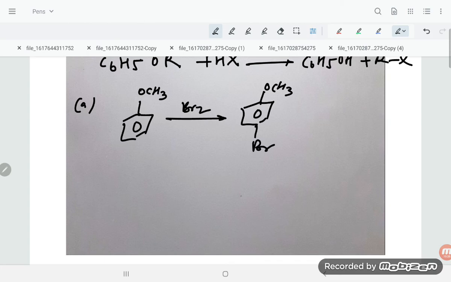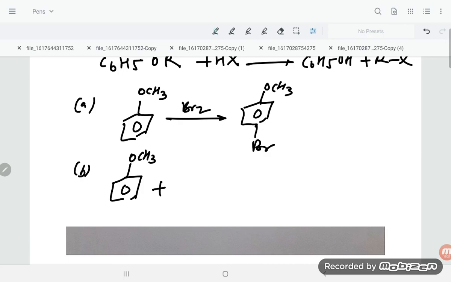If you are taking the Friedel-Crafts reaction, OCH3 is there, plus it will come CHCl3. Okay, no, CH3Cl, wait students.